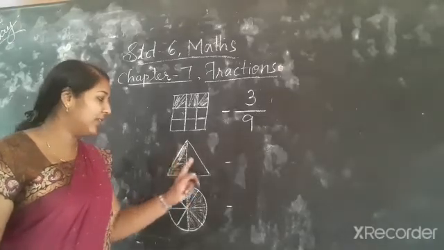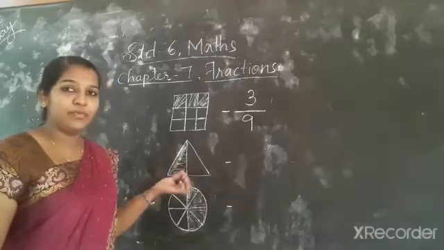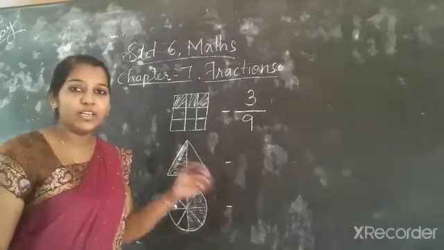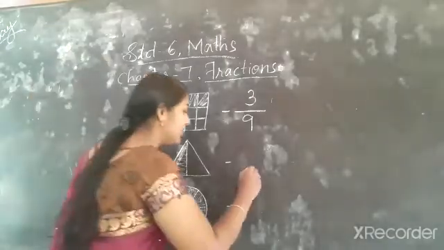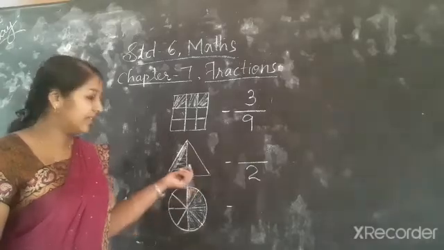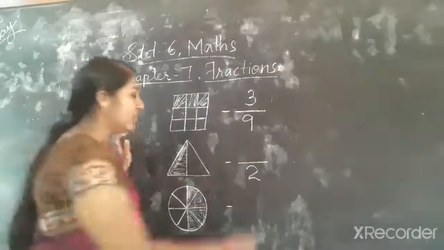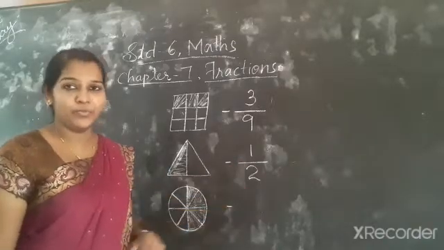Yes, it is divided into 2 equal parts. So the total number of parts you write in the denominator. How many parts are here? 2 parts, so write 2 in the denominator. And how many parts are shaded? Yes, 1 part is shaded. So you can write 1 by 2, or 1 upon 2.